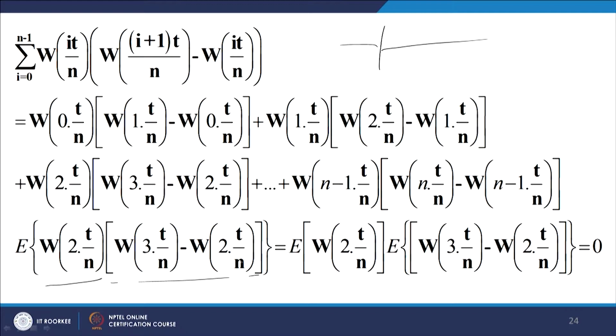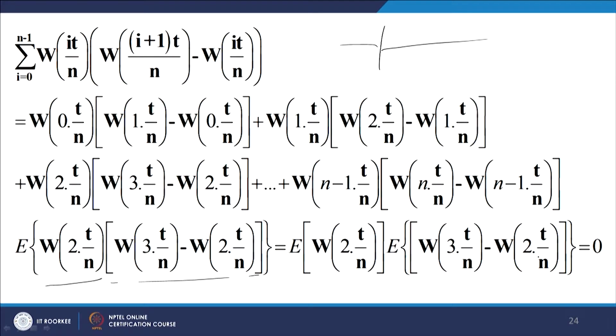This is the further development of Brownian motion from this point onwards. Therefore, this development is independent of what has happened earlier, up to this point. Because these two are independent, the expected value of this times this will be equal to the expected value of this times the expected value of this.